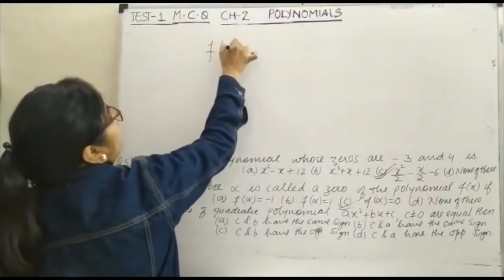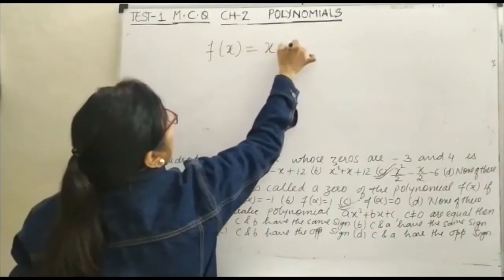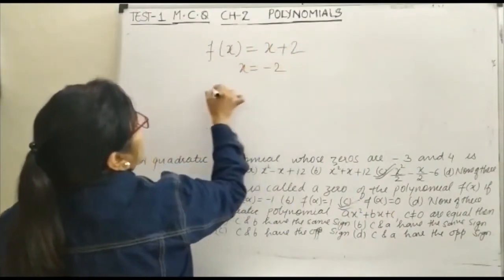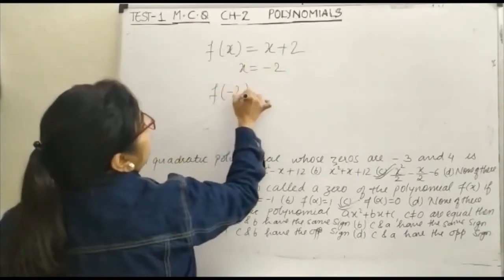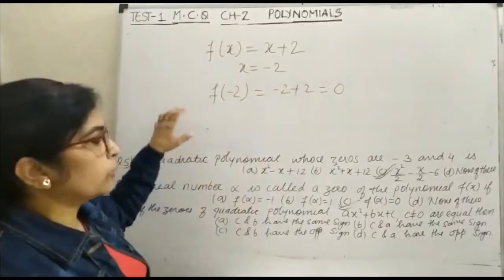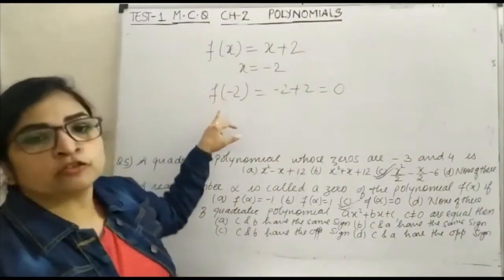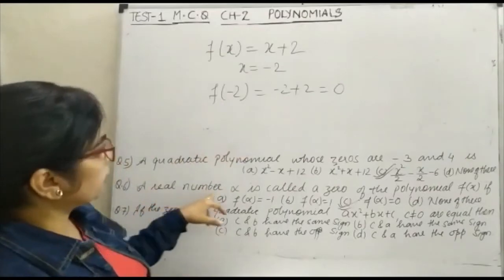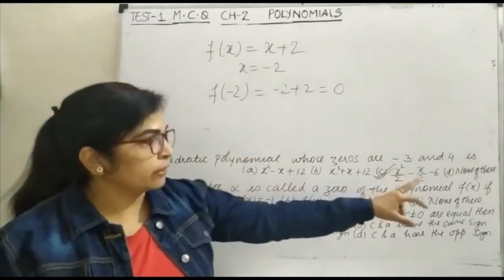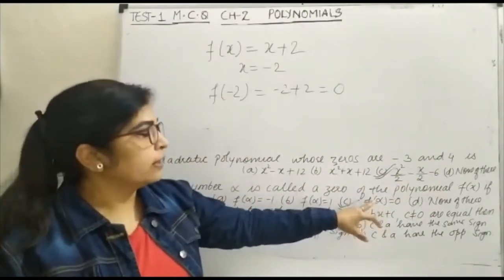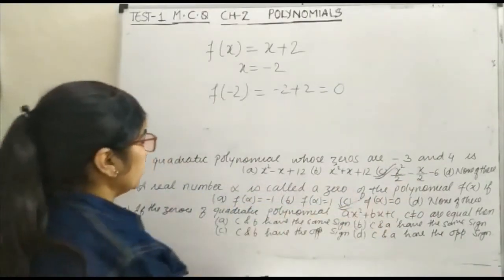Suppose f(x) is given as x plus 2 and I ask you to find the value for -2, so what will f(-2) give you? -2 plus 2, and that is equal to 0. So -2 is known as the zero of the polynomial. In the same way, it is said that for any polynomial f(x), if alpha is a zero, then which condition will be satisfied? f(alpha) is equal to 0.